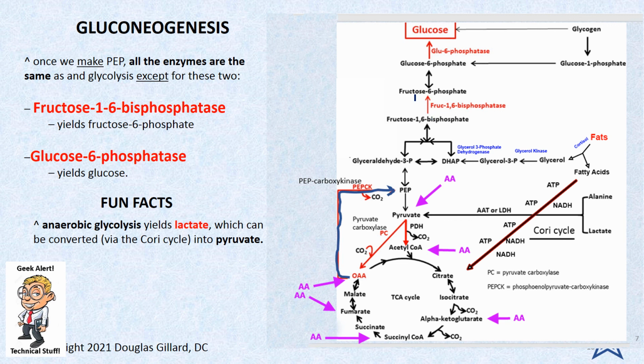I can't remember the enzyme off the top of my head, but I think it was fructose 6-phosphate dehydrogenase to get to fructose 1,6-bisphosphate. But the bottom line is the glycolysis enzyme cannot be used. We need a brand new enzyme, and that is called fructose 1,6-bisphosphatase, right? So that's one of the irreversible steps in glycolysis.